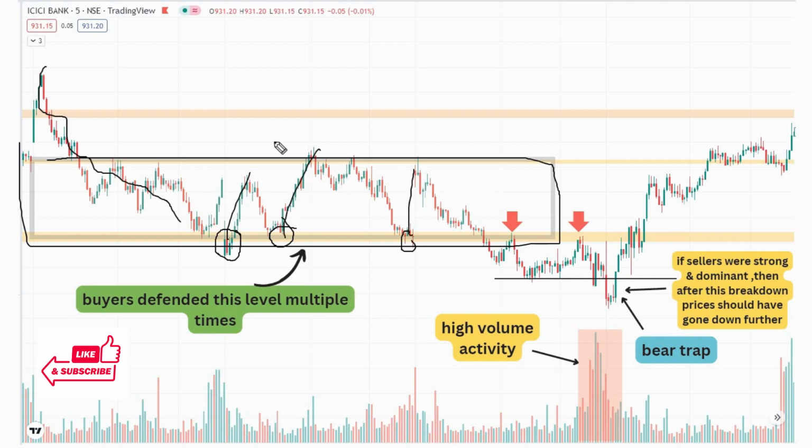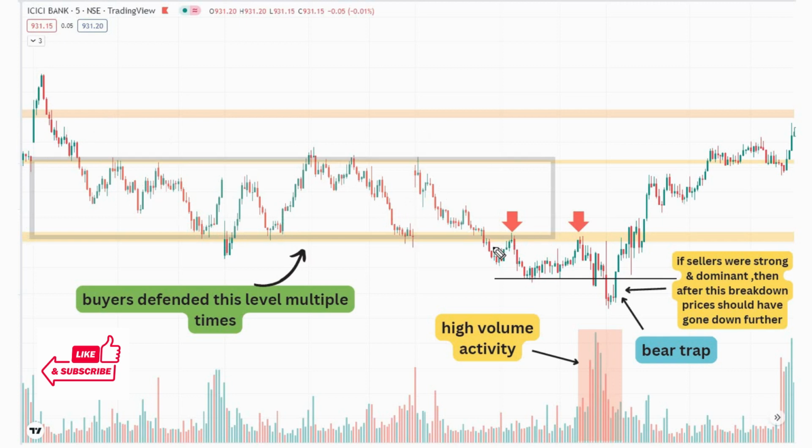But again from these levels sellers proved to be very strong, and defending these levels they pushed the prices towards the downside. So now here what happened, there is a breakdown, then a retest, and again prices move towards the downside.